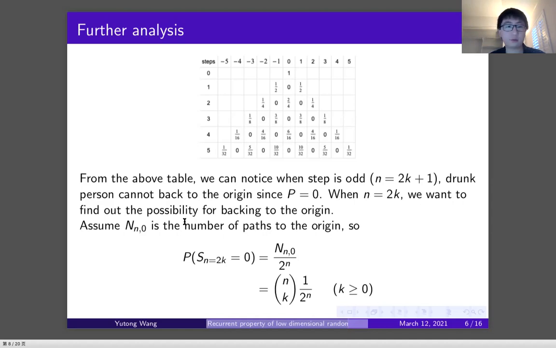So we assume the capital N is the number of paths to the origin. For that number of paths, the probability to go back to the origin is the number of paths divided by the total paths, which is 2 to the power of n. We can write this in binomial coefficient form.